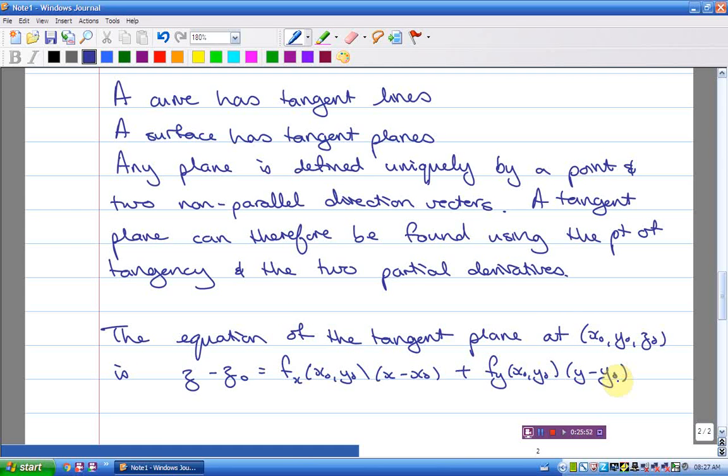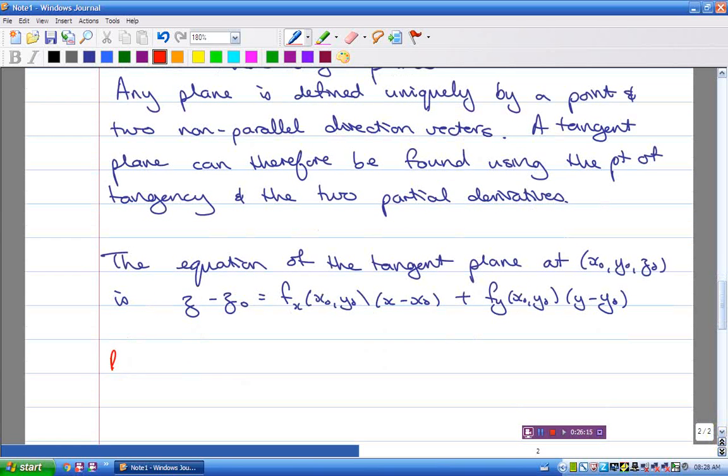Okay, and I want to draw your attention to the similarity of that formula to your straight line formula that you'll have done at school. Now, the very first time you ever see an equation for a straight line at school, you're probably given y equals mx plus c. But you quite soon after that learn another one, recalling school geometry.